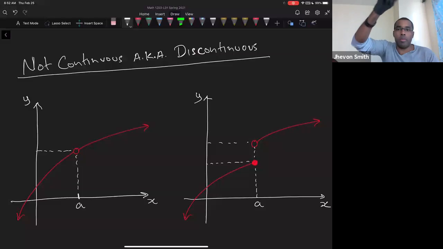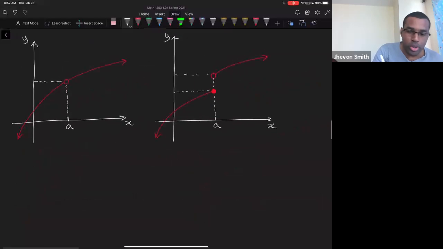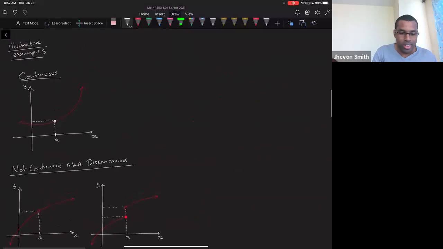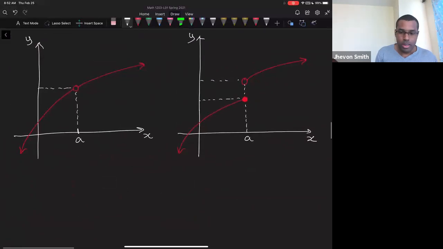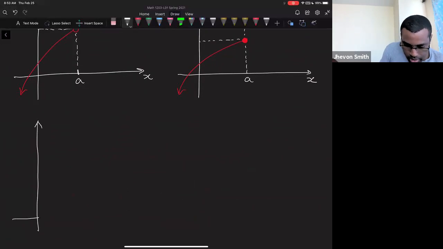I have to jump up. There's a whole gap there, right? Not continuous. Again, very intuitive. If I showed you these pictures and asked you to guess which one was continuous, you would have guessed the top one. Very intuitive, but in math, we can't rely only on our intuition. So we need to know how the equations are going to guide us here.